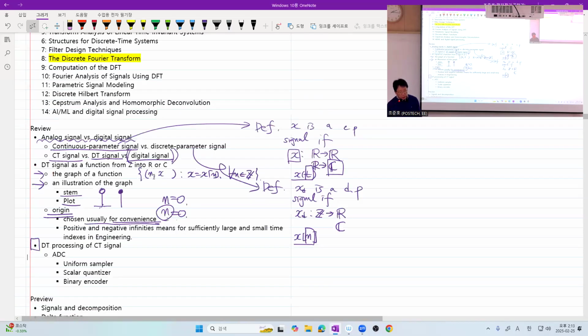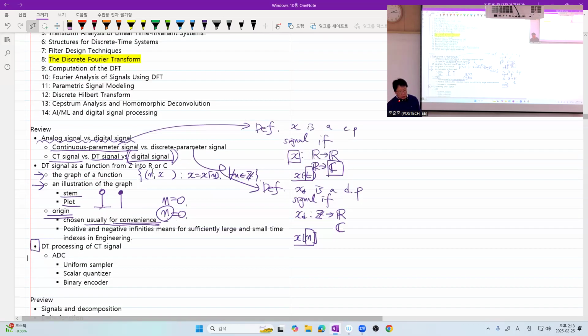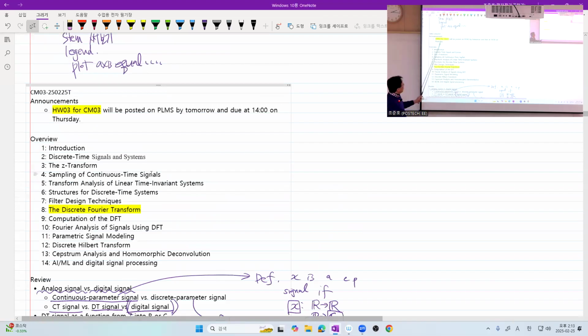So you vaguely already know that this overview already includes those parts. Okay. So here, after we define what a discrete Fourier transform is, we study, of course, first its fast algorithm called FFT, and then we learn many applications of DFT.